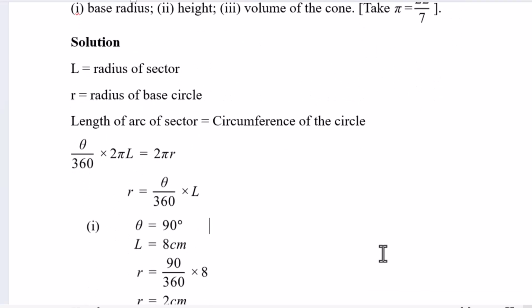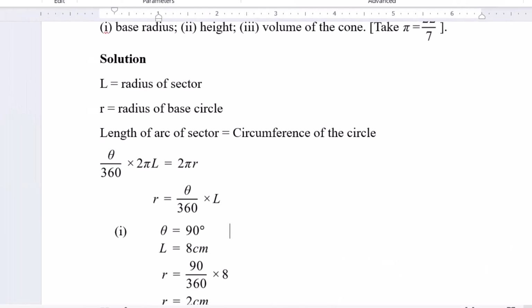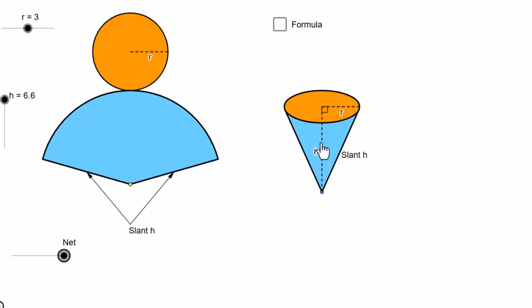We already know this relationship in a cone. Let me come back here. You can see that the height of the cone and the radius of the base are connected by 90 degrees. You can see the 90 degree symbol here.